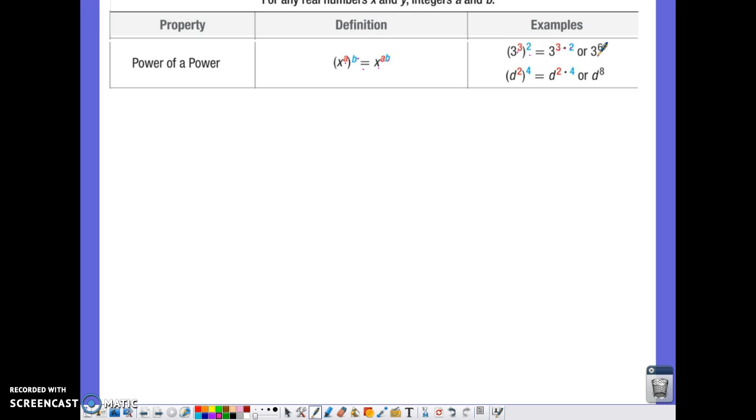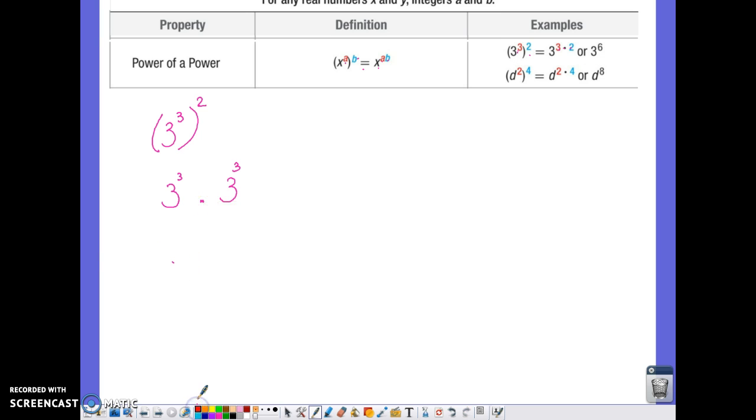Now let's prove it. So 3 to the power 3, all to the power 2. Remember, parentheses means all of that has that power. So this is just like saying I have 3 to the power 3 times itself. Squared means 2 times.